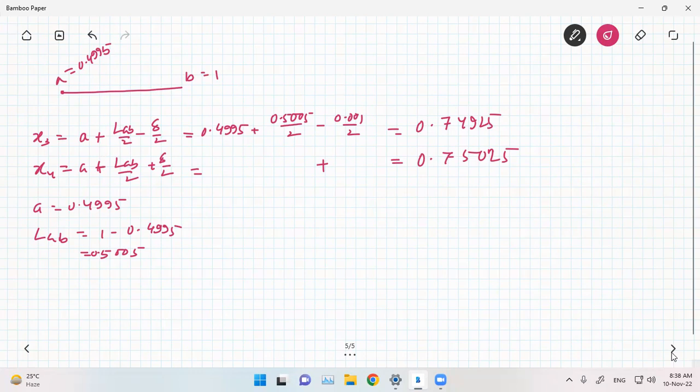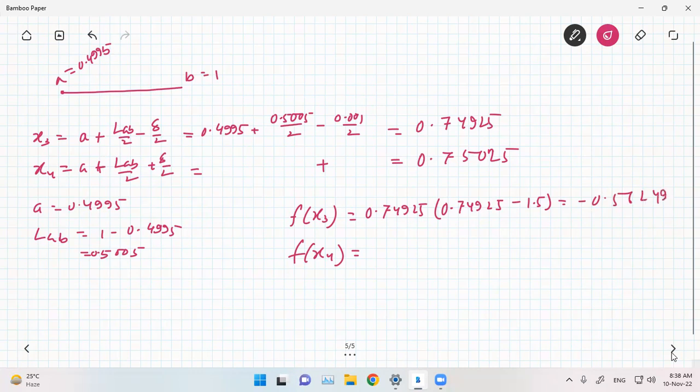So calculate the function values fx3 and fx4. fx3 will be: just put the value 0.74925, which is the x3 value, then 0.74925 minus 1.5. This will give us minus 0.5624994375.